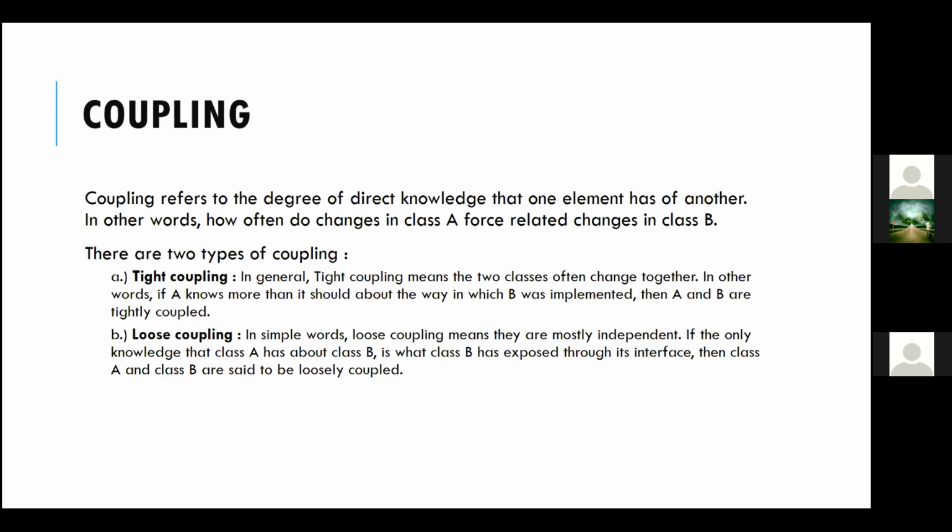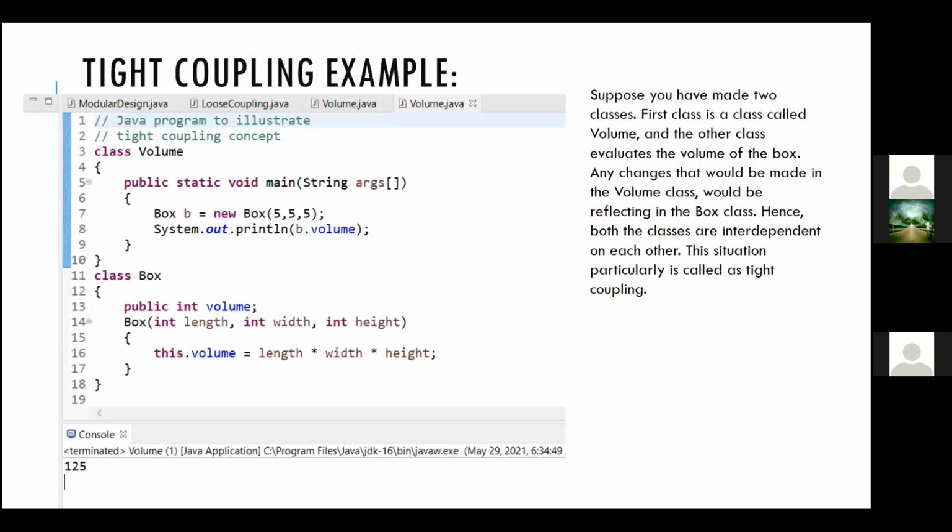In loose coupling, in simple words, loose coupling means that they are mostly independent. If the only knowledge that Class A has about Class B is what Class B has exposed through its interface, then Class A and B are said to be loosely coupled. To elaborate, I have here a sample of a tight coupling program.